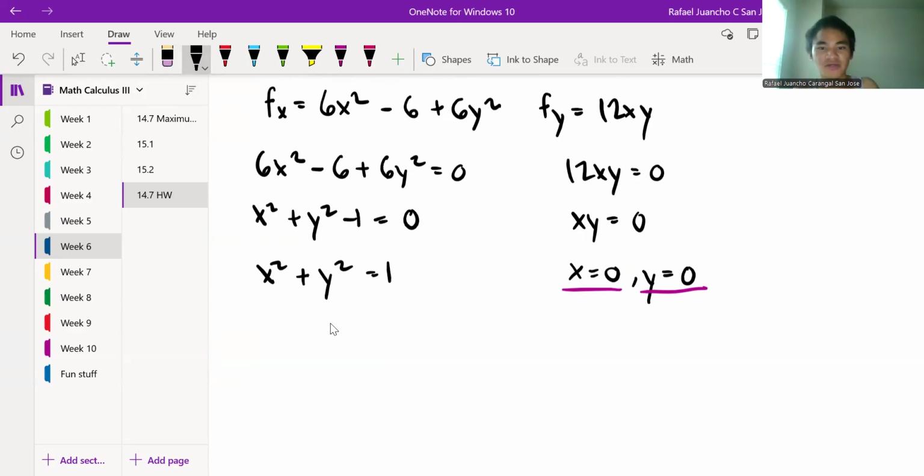So here, if I plug in my x is 0, then my y is, well, y is either plus minus 1. And similarly, if I plug in my y is 0, well, then my x is plus minus 1 as well, right? Huh.